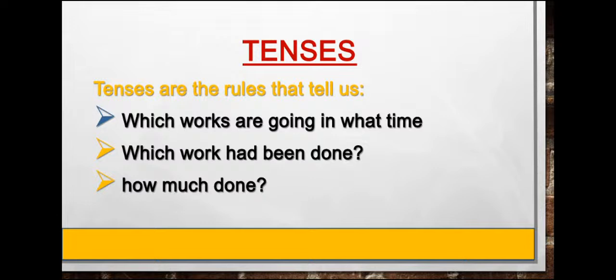Now, first I will tell you what tenses are. In the last video, I also told you what tenses are, but I still need to tell you again. Tenses are the rules that tell us about three different things.